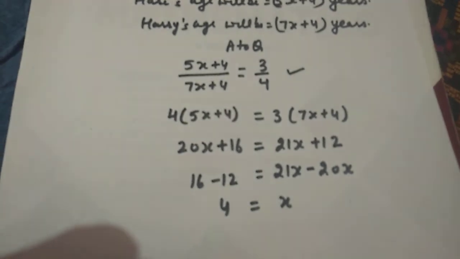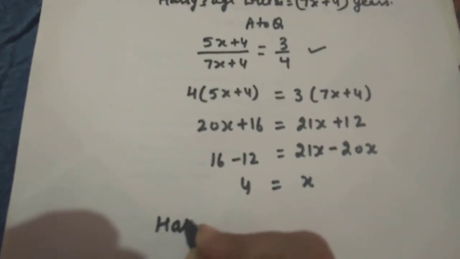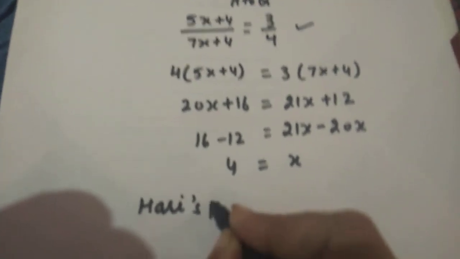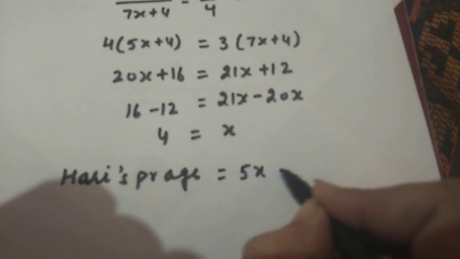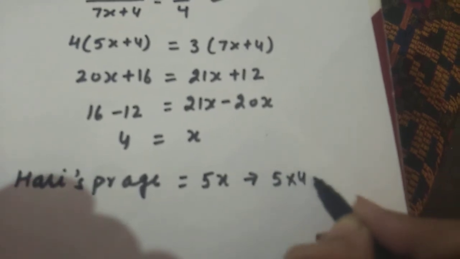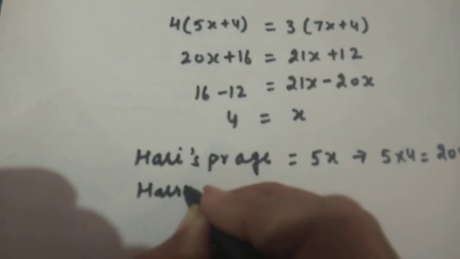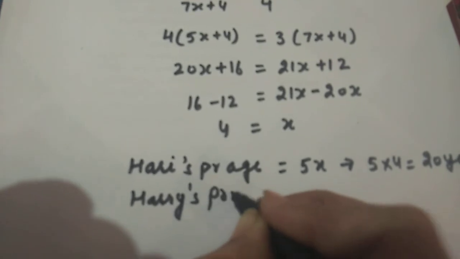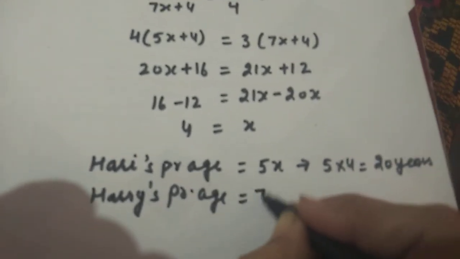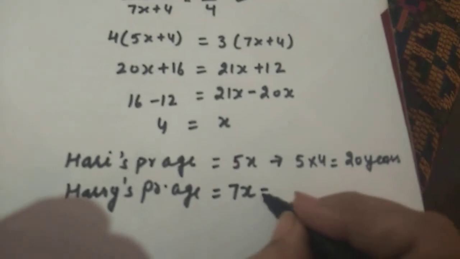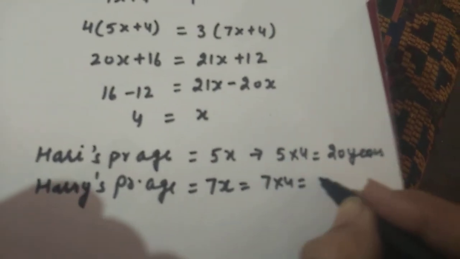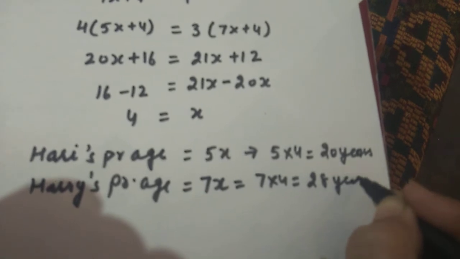Now we'll find out the ages. Hari's present age, we have assumed 5x, that is 5 into 4, means 20 years, and Harry's present age, that we have assumed 7x, 28 years.